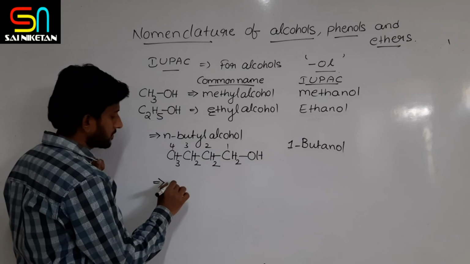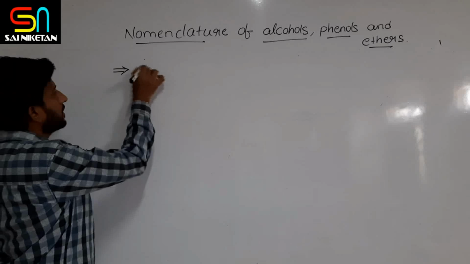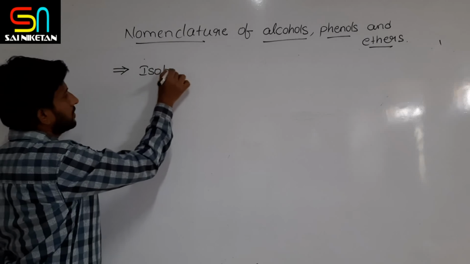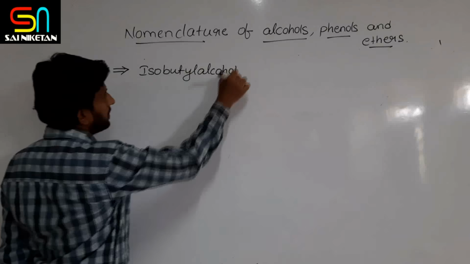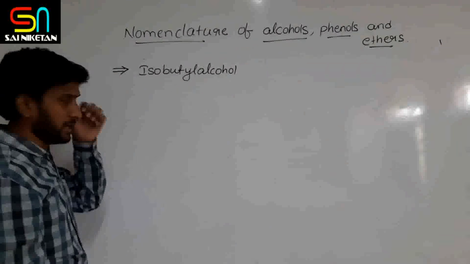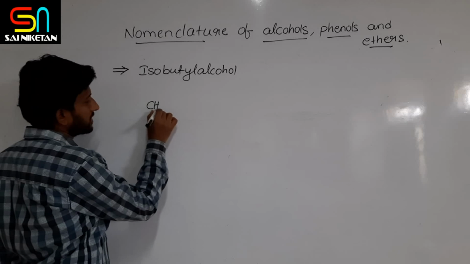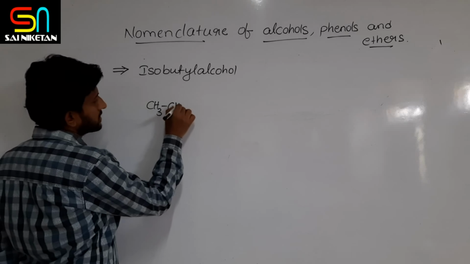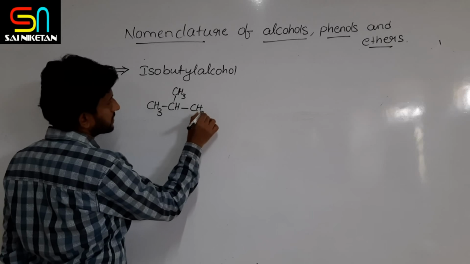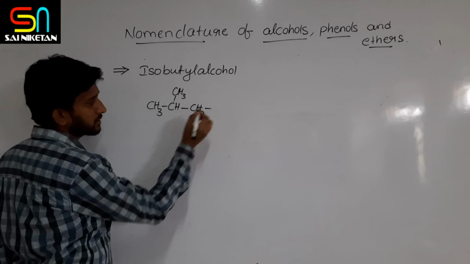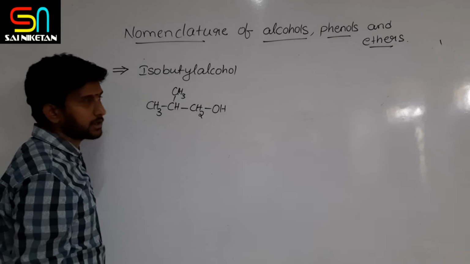Next example I am writing here, isobutyl alcohol. Now what is the isobutyl alcohol structure? Isobutyl group means CH3CH, then CH2. This group is isobutyl group. To this one OH group is attached, so it is isobutyl alcohol.